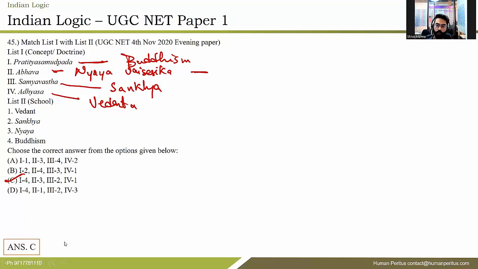I'll be writing down a few topics, and I want you guys to study them before your exam, so that these terms stay in your mind. The first thing you need to remember is Indian syllogism. This is a very important topic. Different parts of syllogism can be asked and are constantly asked.